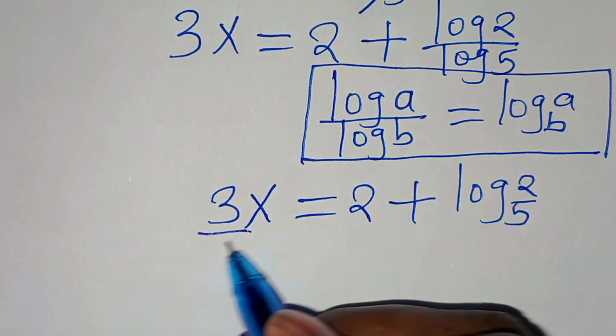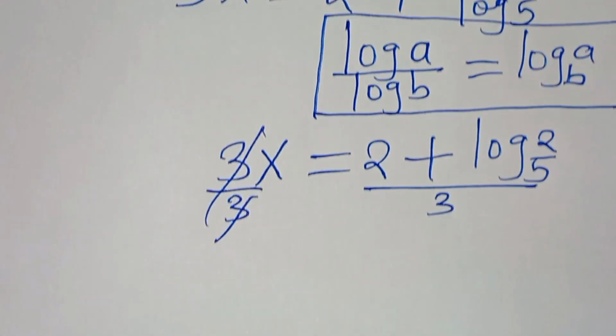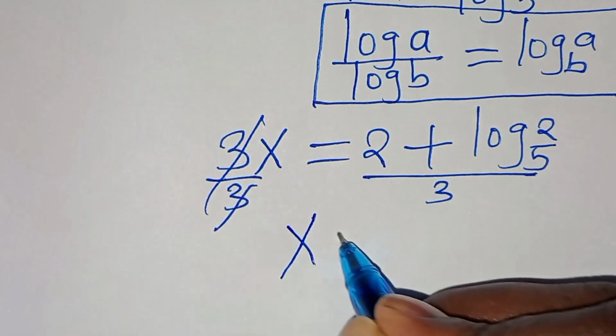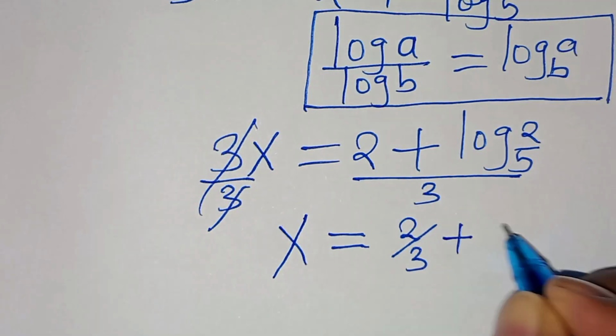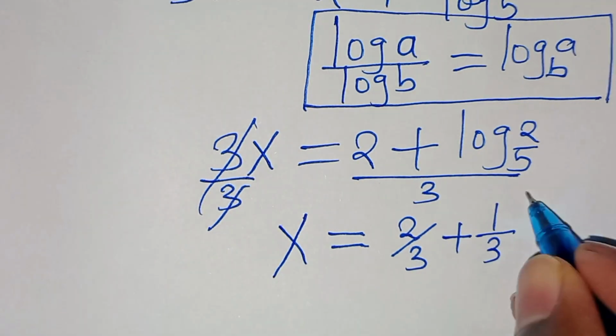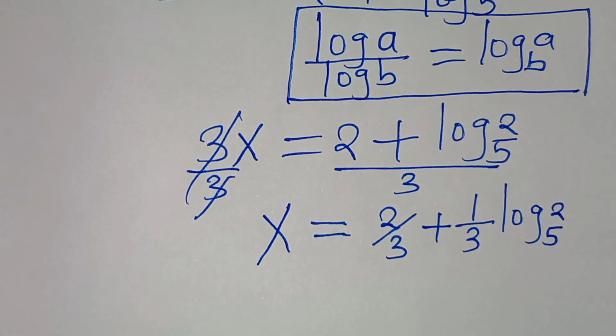Now let's divide both sides by 3 so that x is equal to 2 over 3 plus 1 over 3 log 2 to base 5.